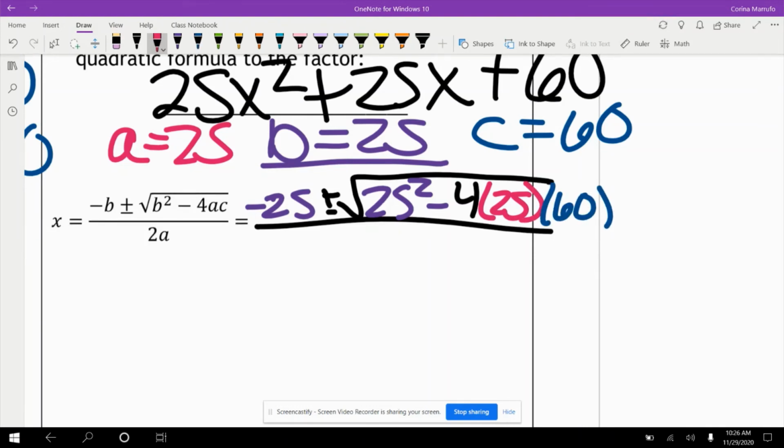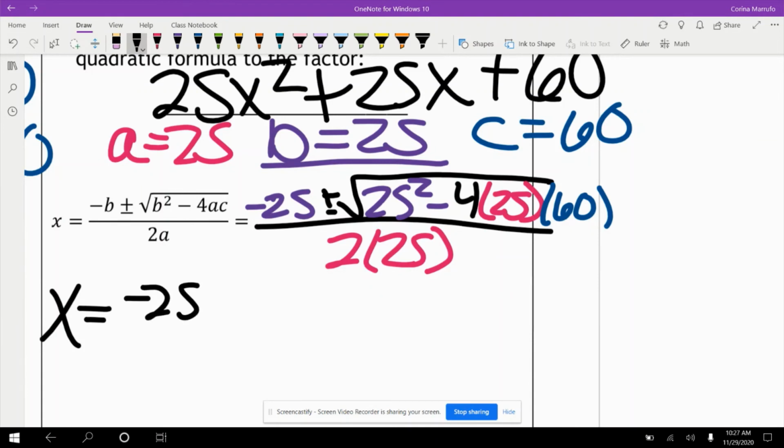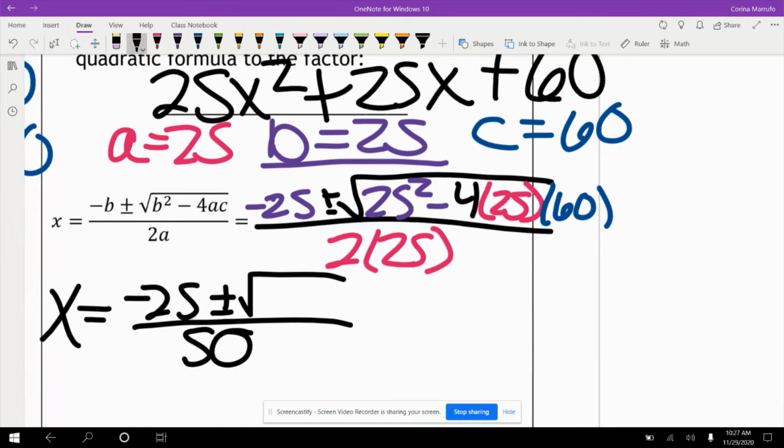And all of this is over 2 times a, so 2 times 25. So I'm going to go ahead and do the part in the square root first. So x equals -25 plus or minus the part under the square root, and then it's all over 2 times 25. It's over 50. So give me 1 second so I can put this in my calculator real quick.